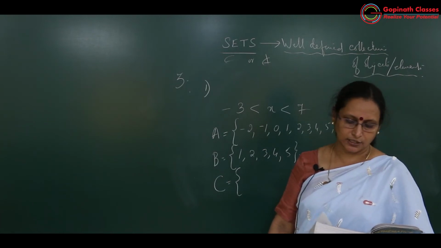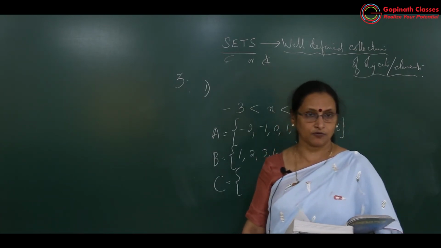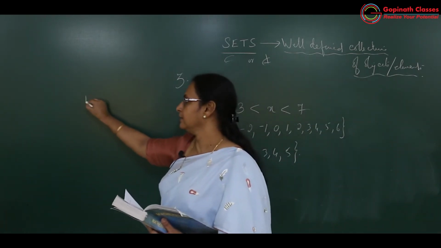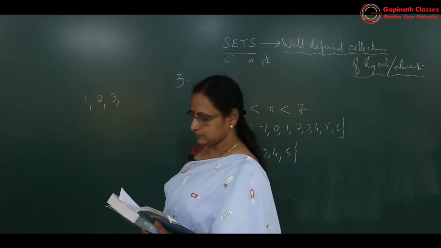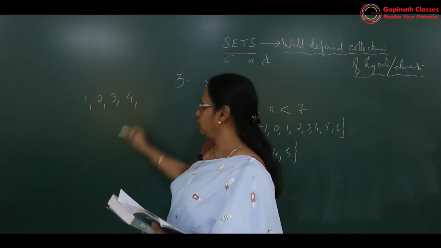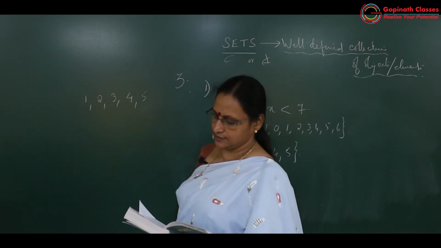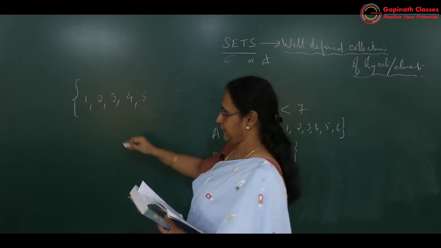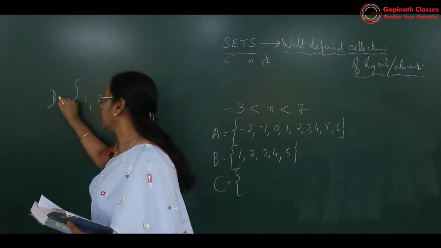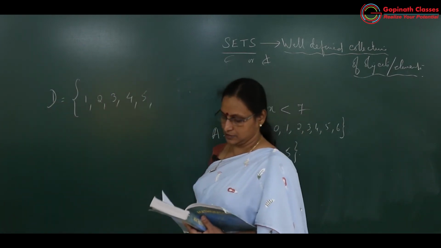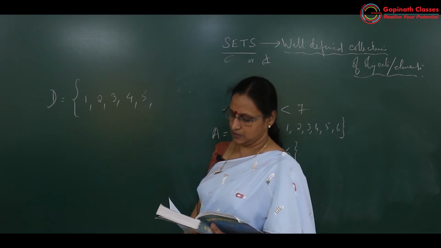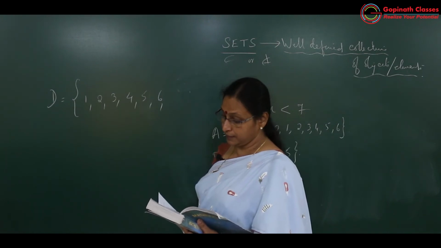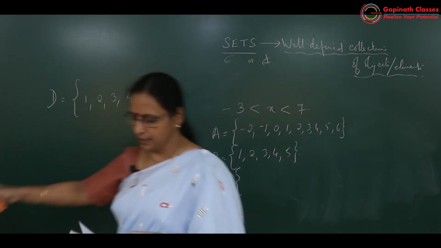Fourth question, x such that x is a prime number which is a divisor of 60. Divisors of 60 start from 1, 2, 3, 4, 5. All the factors of 60. 1 times 60 is 60. 2 into 30, isn't it? So D will come. D is equal to then 6 will also go. Prime numbers. OK, x such that x is a prime number which is a divisor.